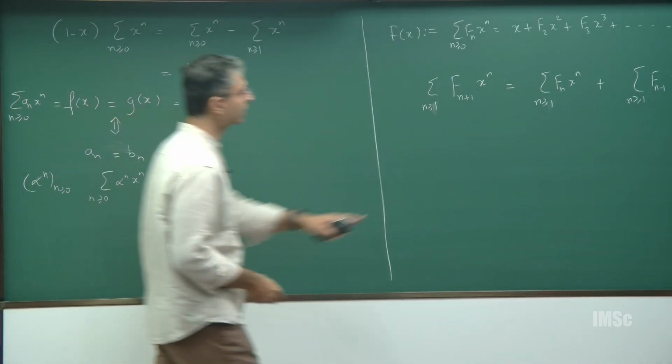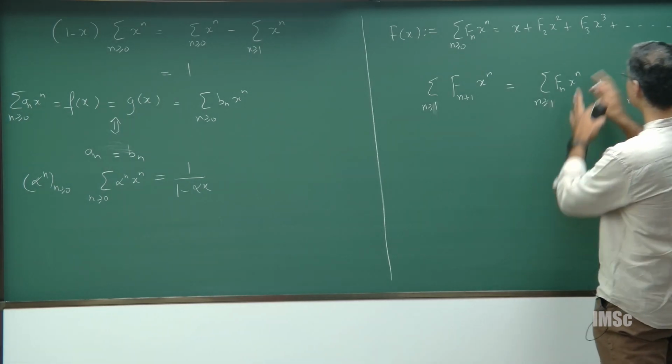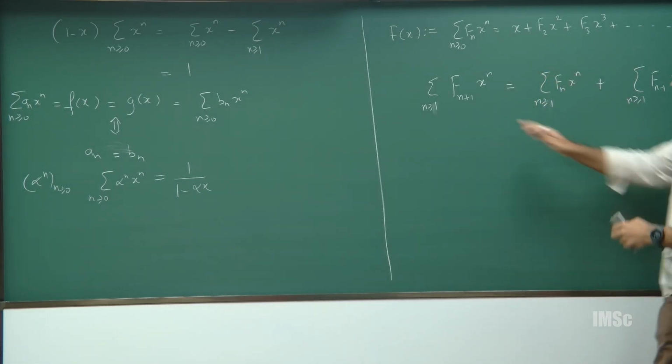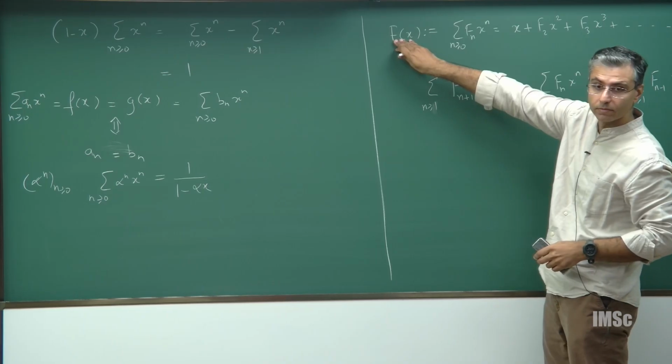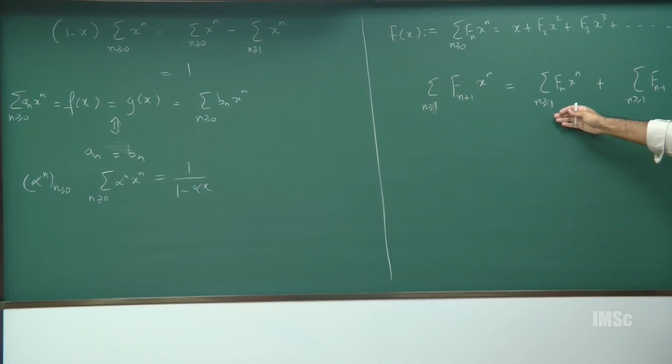Okay, so, let us see what is this sequence. So, now our goal is to express all these terms in terms of this. Okay. Let us start with this. What is this sum?